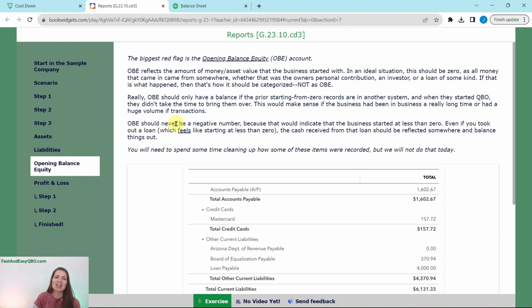Opening balance equity should never be a negative number because that would indicate that the business started as less than zero. If you took out a loan, which feels like it's starting less than zero, the cash received from that loan should be reflected somewhere and then balance things out. So you will need to spend some time cleaning this up, cleaning up how some of the items are recorded. But we're not going to do it in this exercise. Just know what that account is for and why it's really important that it really should be at zero.